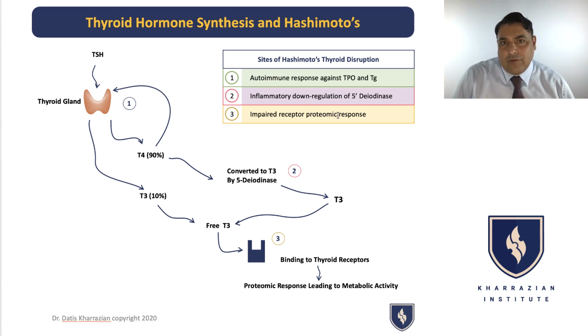And as their inflammatory autoimmune reactivity calms down, we can get less progression of destruction in the thyroid gland. We can calm down some of that suppression of this 5-deiodinase enzyme, which is so essential to converting T4 to T3, and the thyroid receptor site can also become much, much more efficient in doing its job.